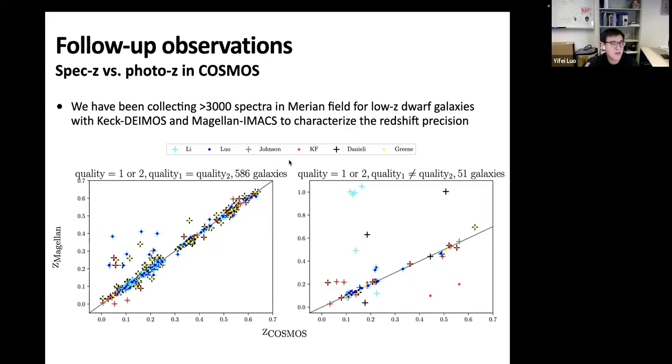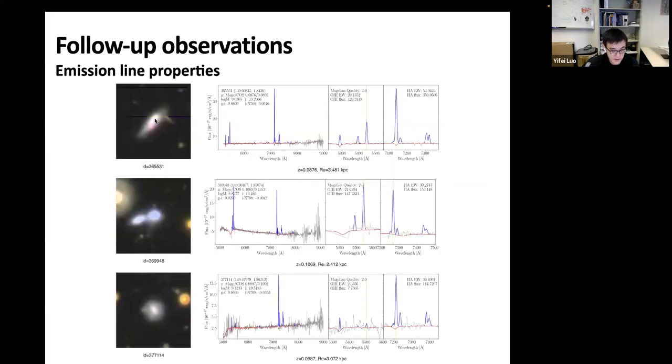We can use the Merian photometry, or Merian photo-z, to do some spectroscopic follow-ups and to measure their galaxy properties. We used Magellan and Keck to already collect a few thousand spectra, and these show the emission line properties of those dwarf galaxies.